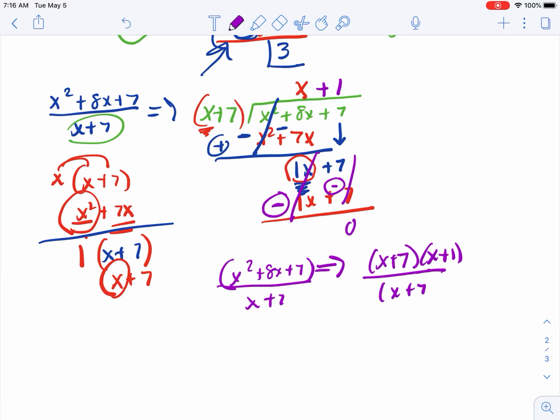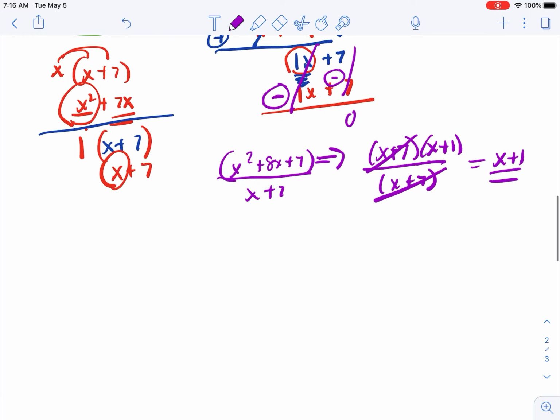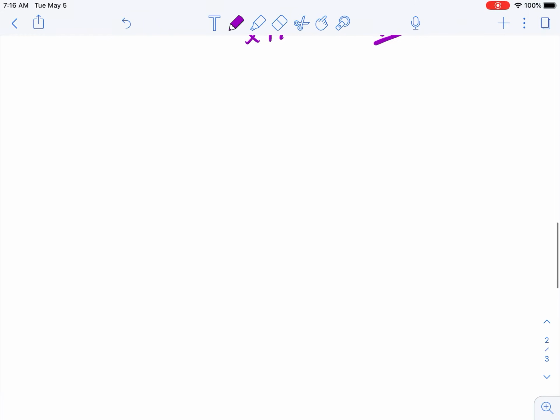So when I divided out x plus 7, it went in evenly, and I got x plus 1 with no remainder. Okay? Now, let's try another one here. Okay, so let's try 6x squared minus 23x plus 7 over 3x minus 1.